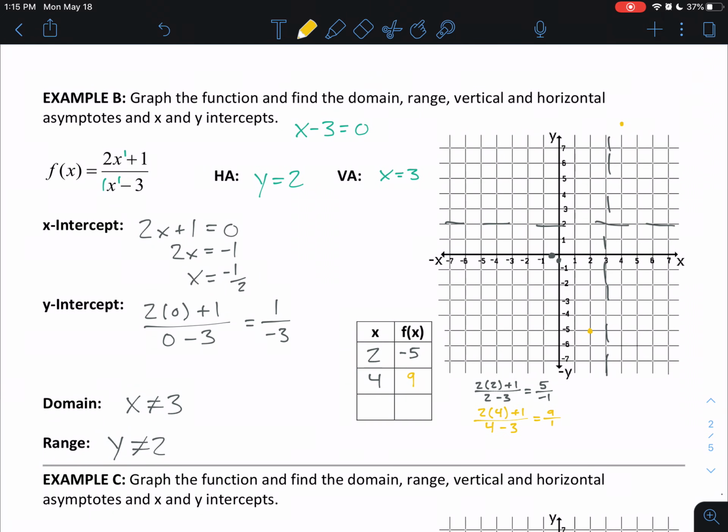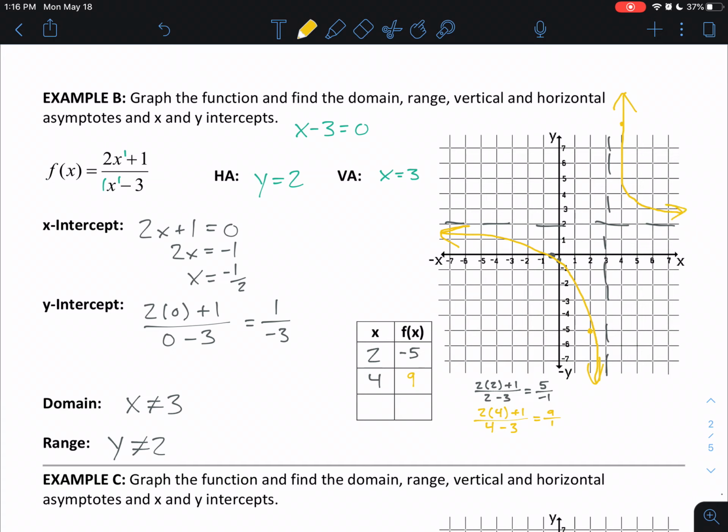So, what is this one going to do? It's going to hug this vertical asymptote. It always does, and it's going to go through these points that I've plotted. Then it hugs the horizontal asymptote as well. And then it looks like it's going to come down from up here and do something like that.